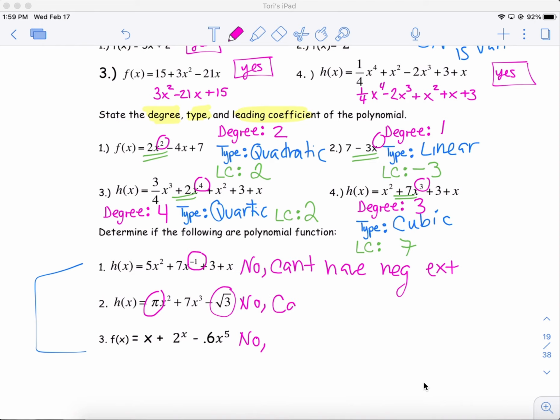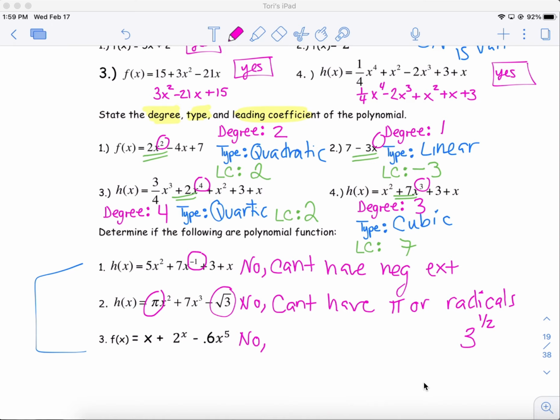Let me back that up. Can't have pi or radicals as our variables, because remember, square root 3 really means 3 to the 1/2 power.